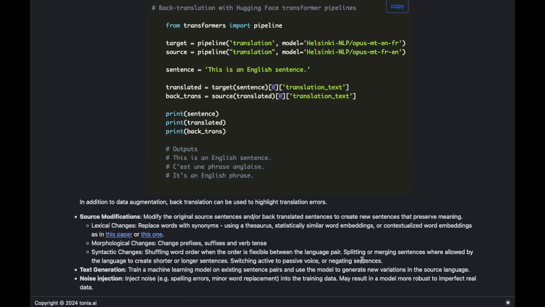We can also split or merge sentences where allowed by the language, so as to create shorter or longer sentences. You can imagine a long sentence broken down into 3 short sentences, or some number of short sentences where the same meaning is conveyed, but the shorter sentences are more concise.